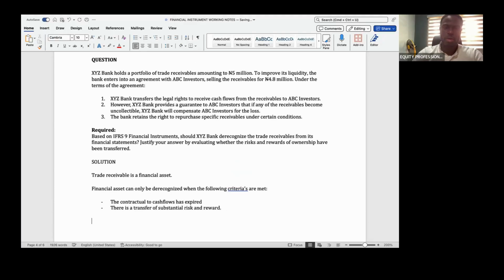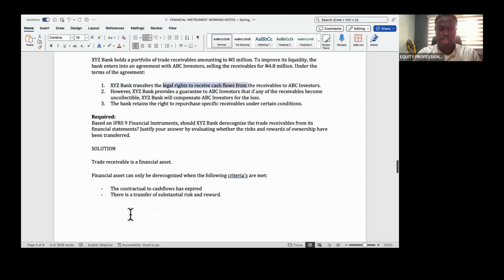Let's check it. Number one, we're told that XYZ Bank transfers the legal right to receive cash.